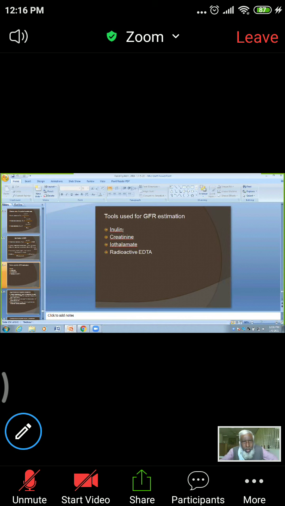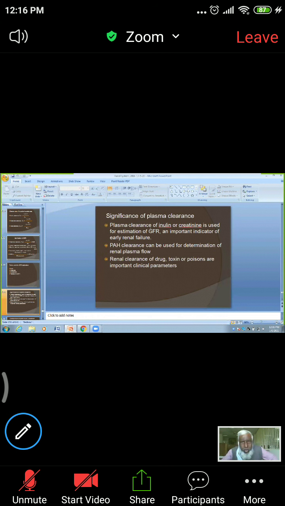Inulin is freely filterable, neither reabsorbed, nor secreted, nor changed in the renal tubules. Other substances are iothalamate and radioactive EDTA.